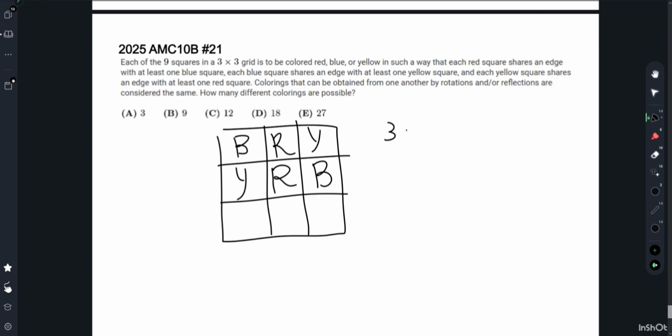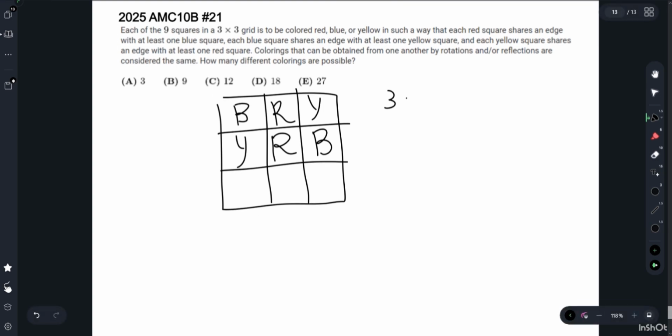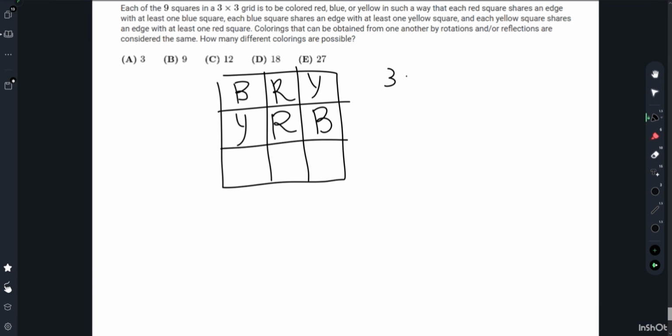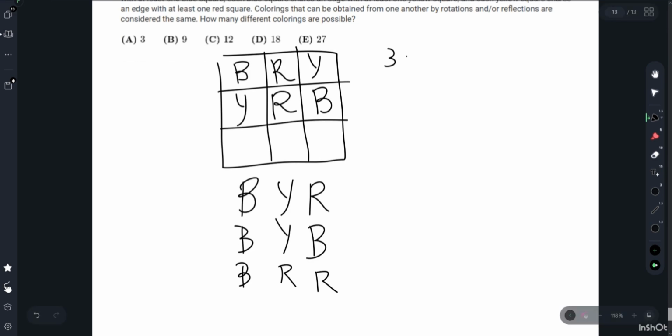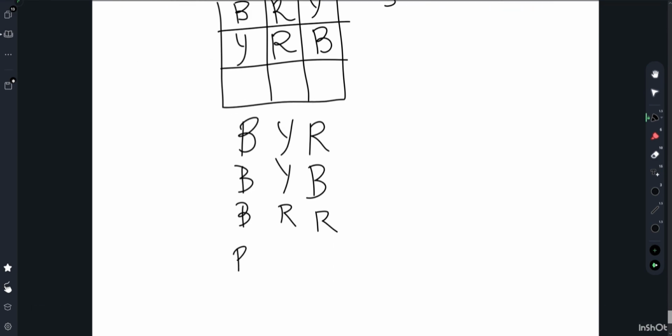Alright, so now we are looking into these last 3 squares. There are a couple of ways. Let's say BYR. BYR is good. BYB, BRR, and BRY.